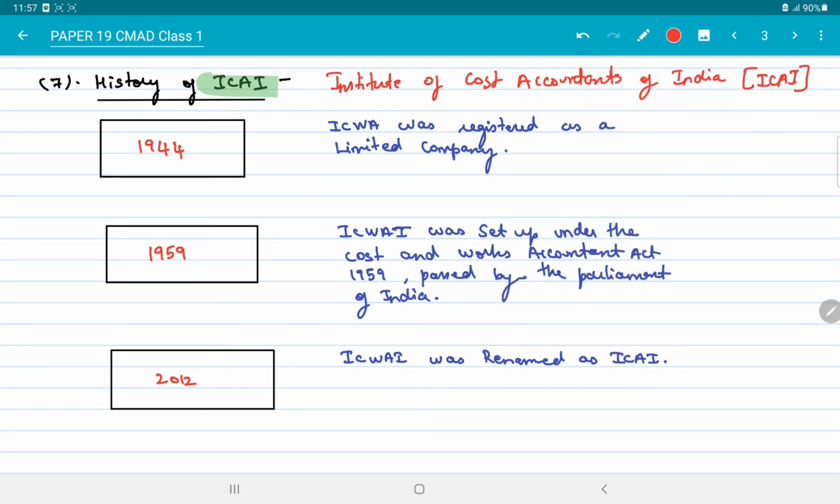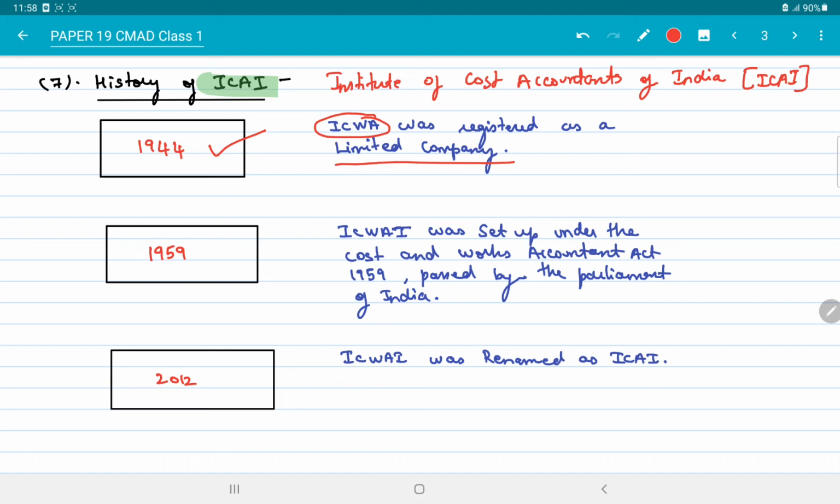In 1944, ICWA, Institute of Cost and Works Accountants, was registered as a limited company.